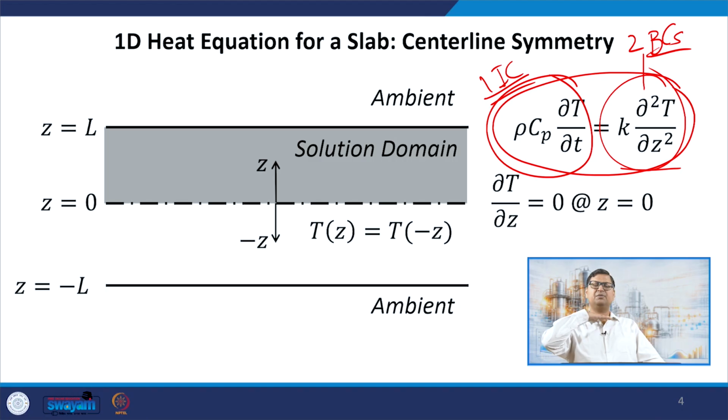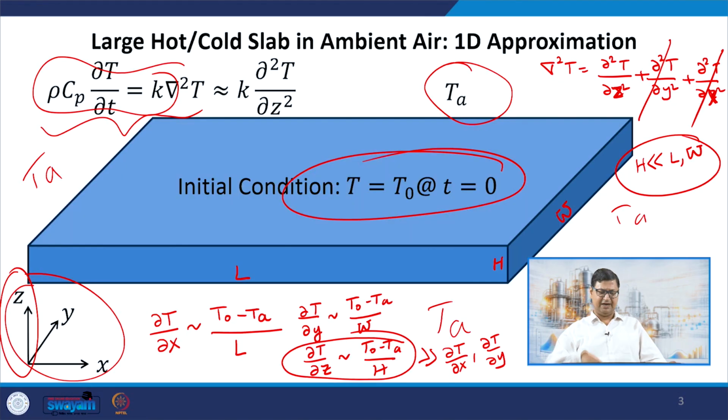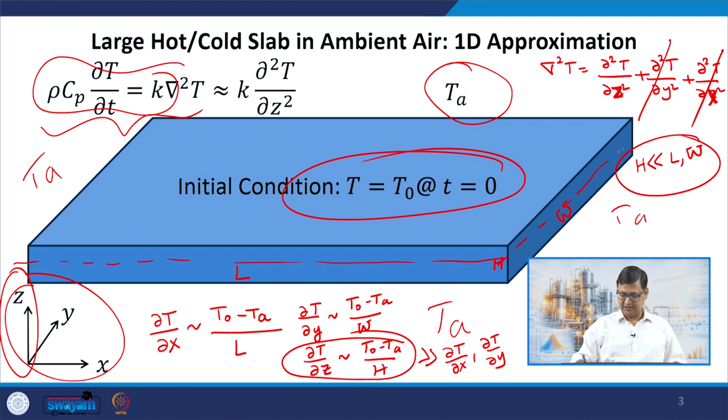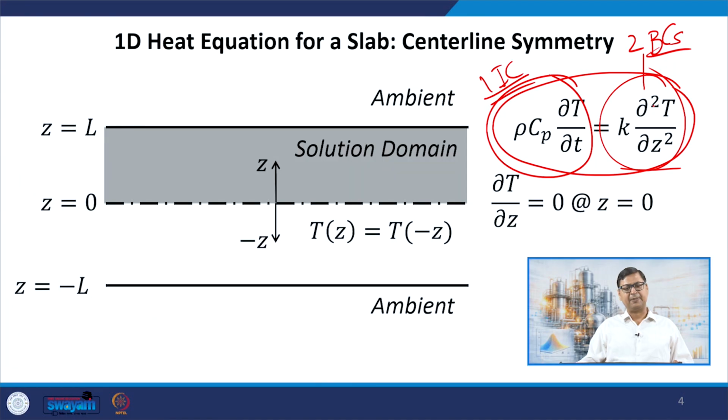I can cut a plane from the middle somewhere like this in this drawing, and that will correspond to some middle z equal to 0. And now I can say that we have a half thickness L equal to h by 2 above it, and half thickness minus L equal to minus h by 2 below it.